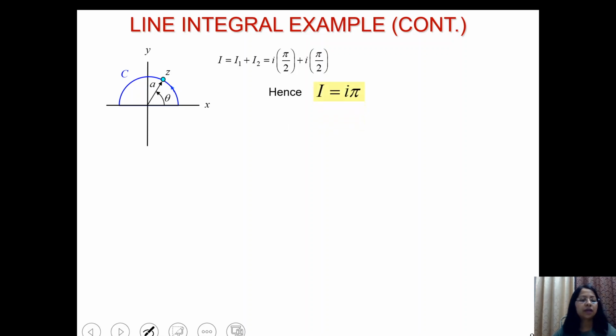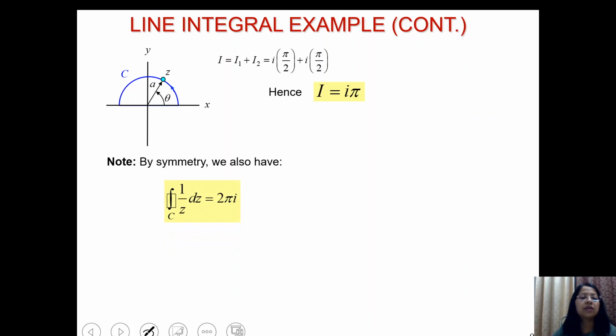So in this way we can solve the complex line integral by breaking it in terms of u, v, dx, dy. Further, u and v will be written in terms of x and y, and since we are dealing with a single integral, we will convert one in terms of another, right? So in this way we have I is equal to iota pi, right?